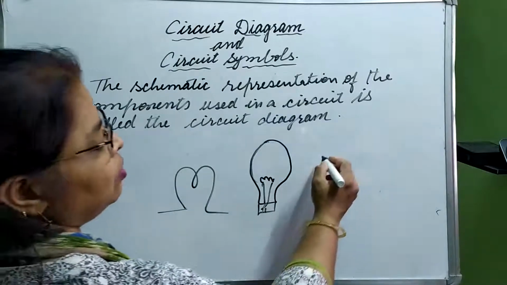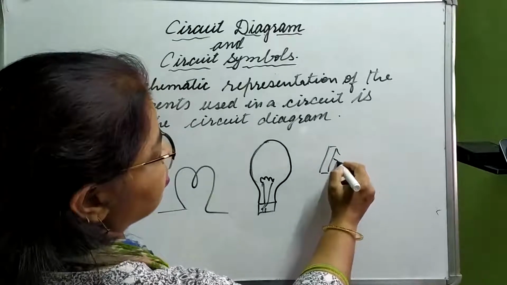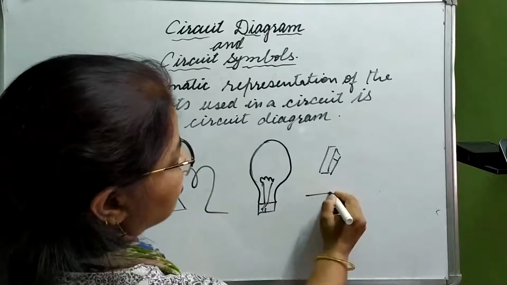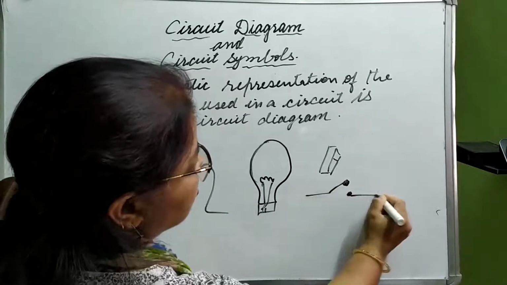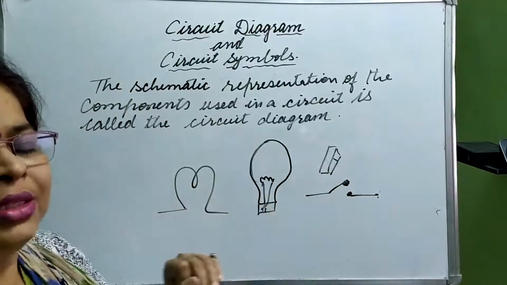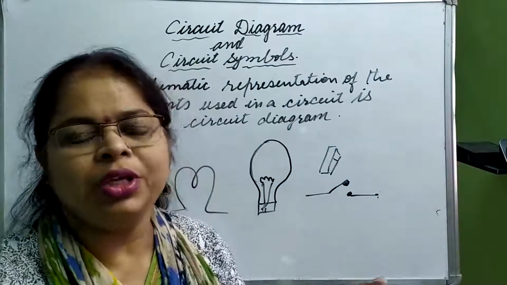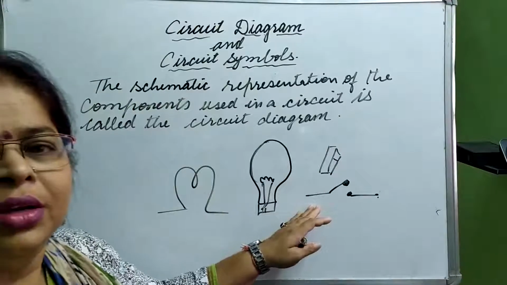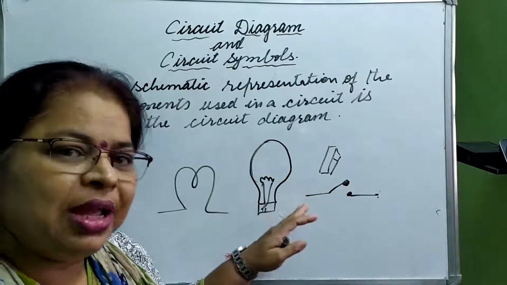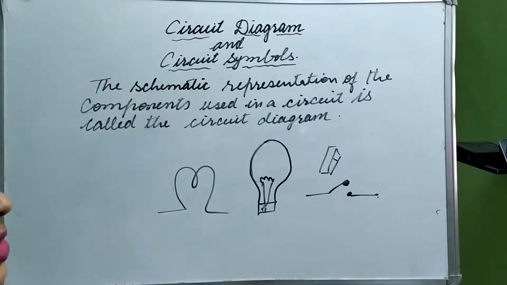Same way, a key: we are not showing the switchboard in real, but we are showing it like this. So circuit diagram is a diagrammatic representation in which, instead of the real shape or pattern of the appliances, we are using symbolic components. That is called a circuit diagram.